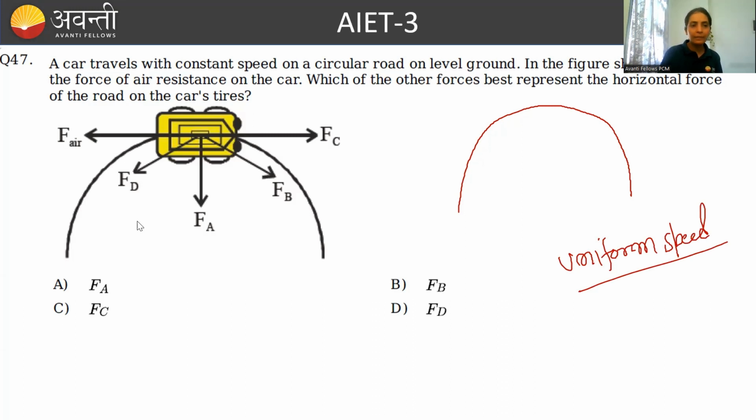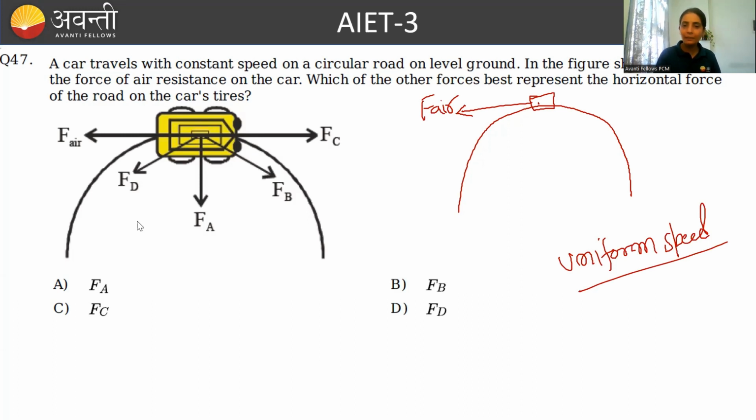Now, F air is the resistive force acting on this car. Which of the other forces best represent the horizontal force of the road on the car's tire? So on the tire of the car, the friction force will act in which direction?